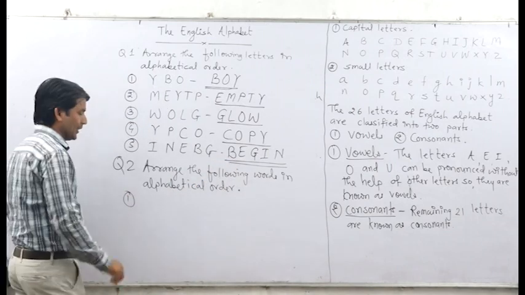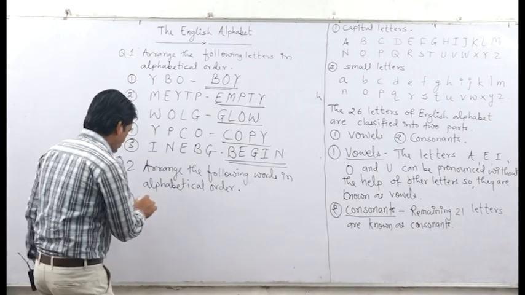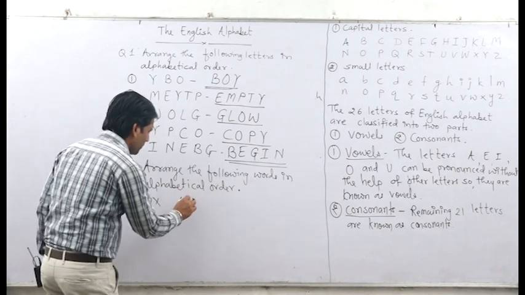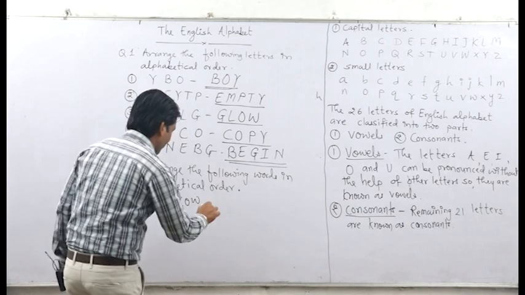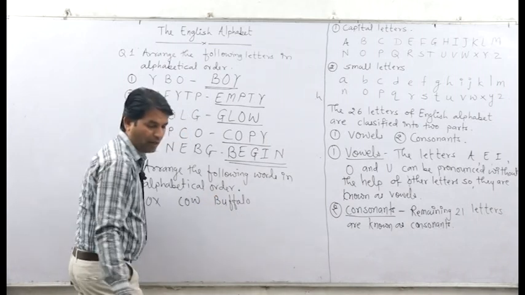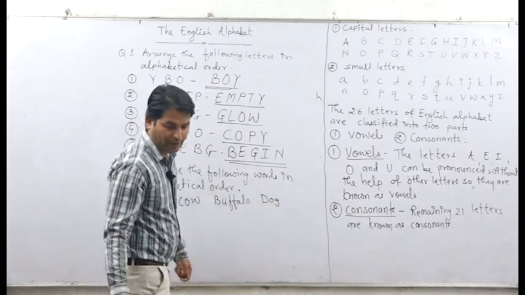So, first one is there. What first one? Ox, cow, after that buffalo, and next one dog, after that lion.